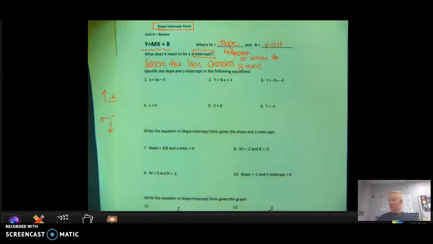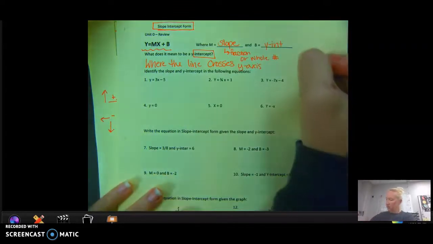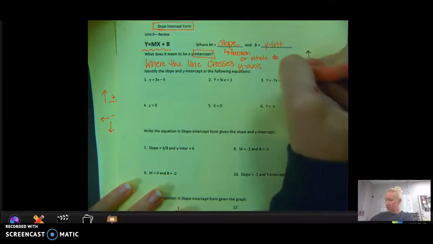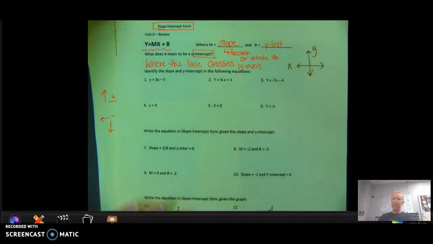As a reminder, we are talking about a coordinate grid. The horizontal line is your x-axis, the vertical line is your y-axis, because like the tail on the y goes up and down, the y-axis goes up and down.